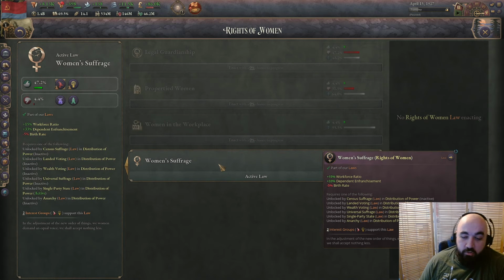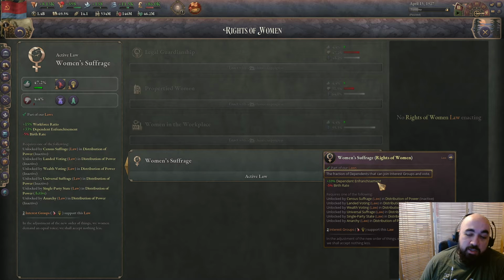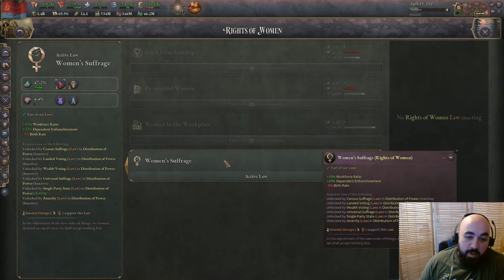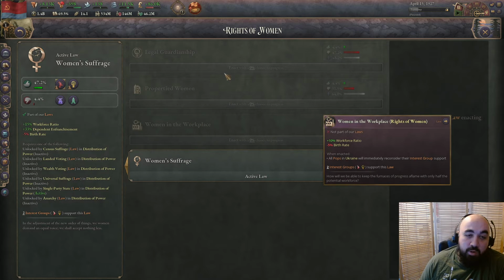Or women's suffrage, rather. What this is going to have in terms of difference is it's going to give you increased workforce ratio, which is a very strong modifier, and dependent enfranchisement, which isn't what we're writing home about, but you're giving this up in exchange for birth rate. Generally speaking, if you are running out of pops, you are going to be better off towards the lower end of the spectrum here, getting workforce ratio. It increases at a somewhat linear rate.